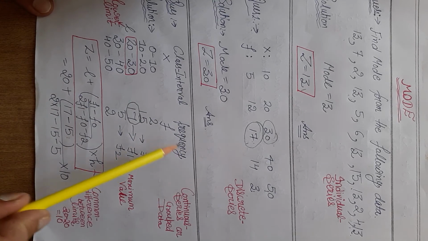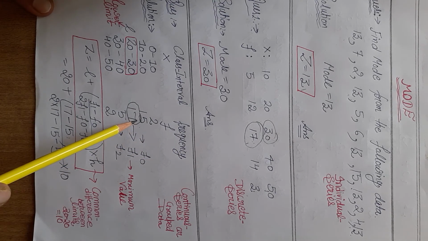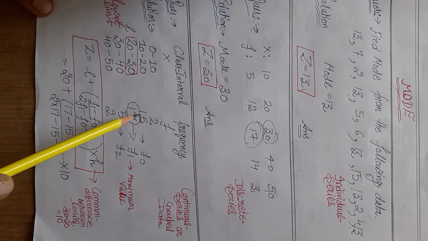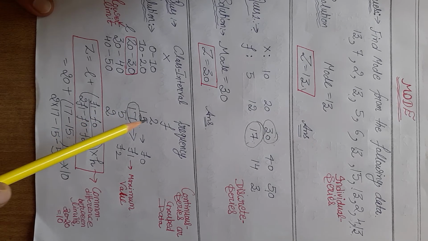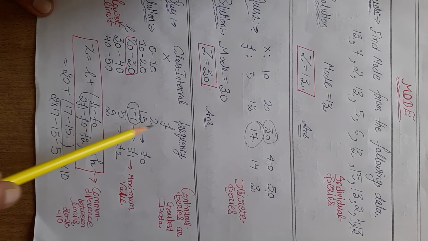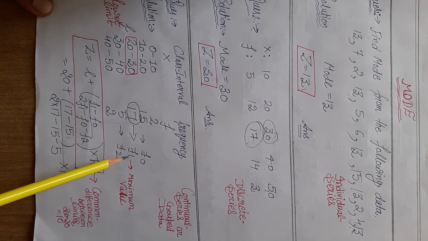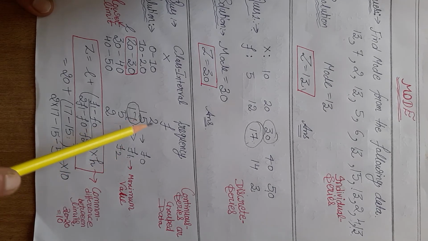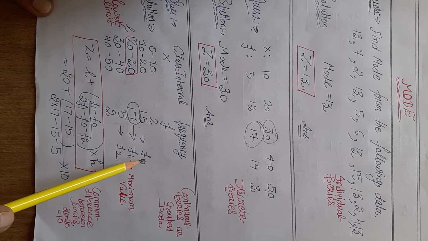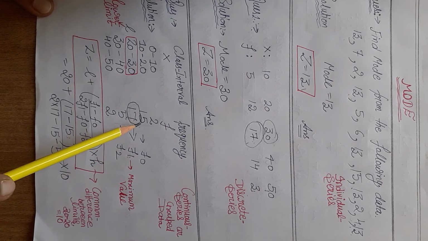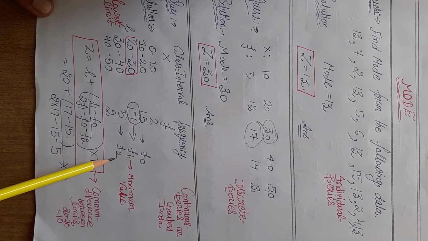In this series, first of all, you concentrate on the maximum value in the frequency table. The maximum number in this table is 17. That is f1. You call it f1, and the term above this number is f0 and the term below this number is f2.